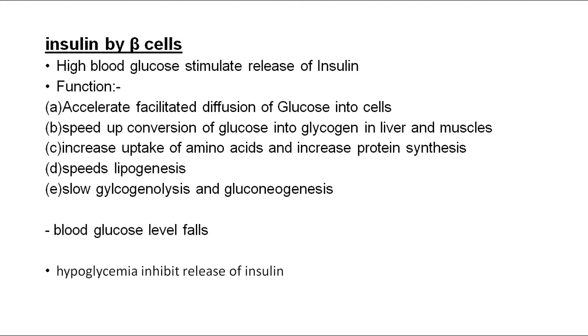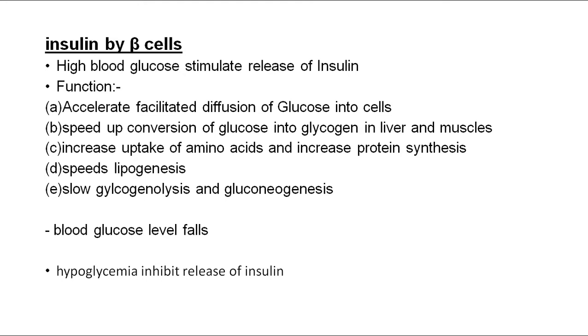So basically insulin is an anabolic hormone: it promotes lipogenesis, increases protein synthesis, and promotes conversion of glucose into glycogen for storage in the liver and muscle, while insulin slows glycogenolysis and gluconeogenesis. So insulin inhibits glycogenolysis, so it prevents the breakdown of glycogen in the liver. It promotes more and more storage of glycogen in the liver.